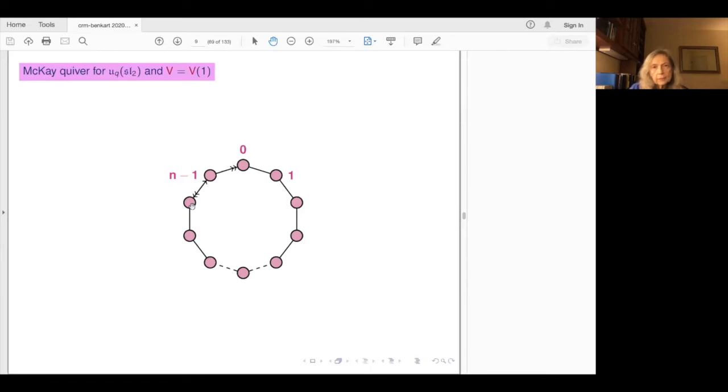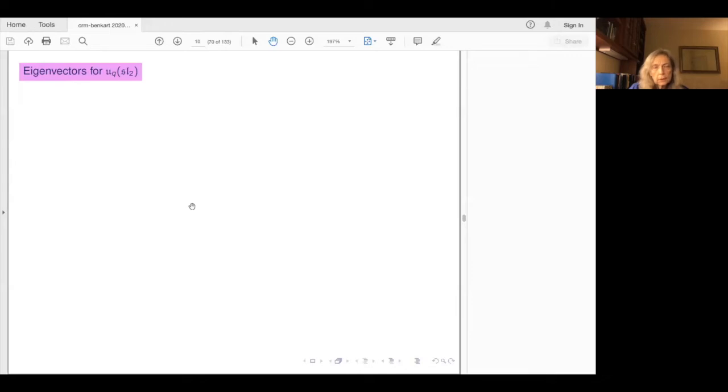So what about eigenvectors? To define or construct the eigenvectors, I'm going to define a family of polynomials. So U0 is 1, U1 of t is t, and then the rest are given by a recursion. Anybody recognize these?